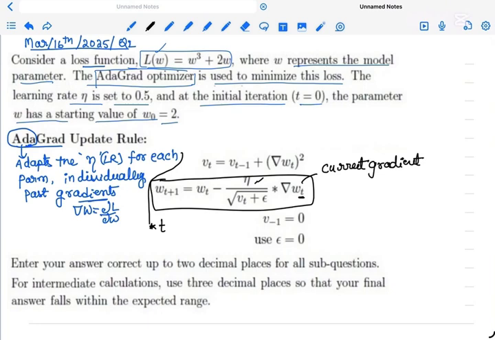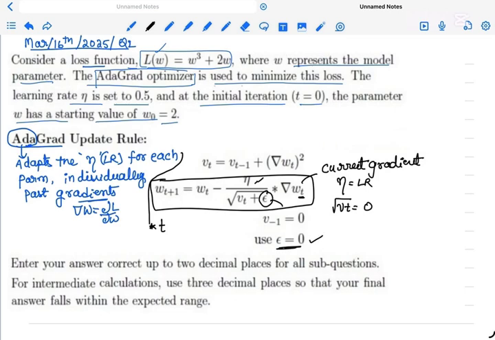Eta is the learning rate, everyone knows. Next, epsilon is a small value. Why do we require epsilon? If the square root of vt, that is the denominator, becomes 0, a division error will come. To avoid this, we add a small epsilon value. Sometimes the epsilon value is 0. In this question they mentioned the epsilon value is 0.